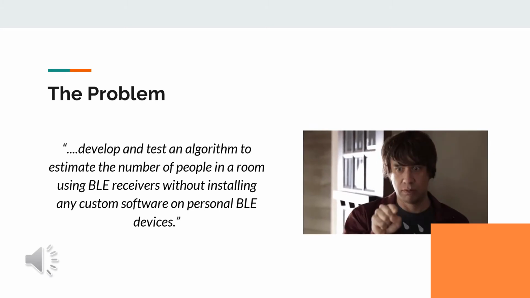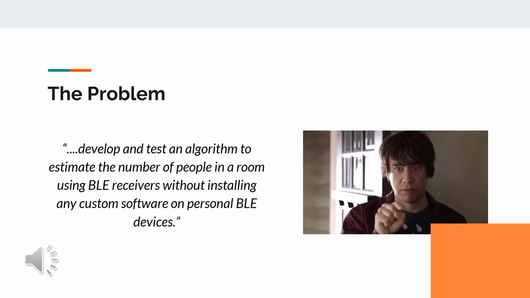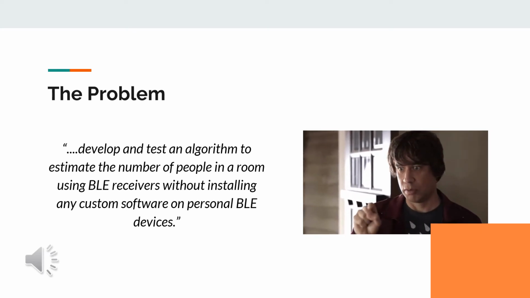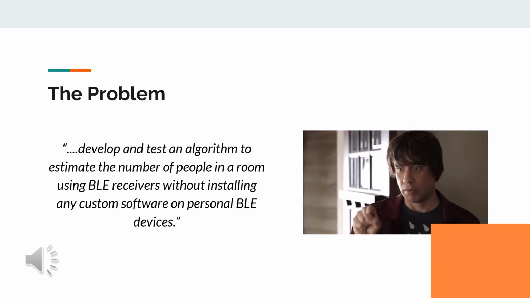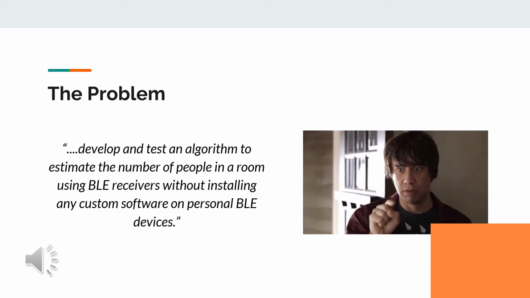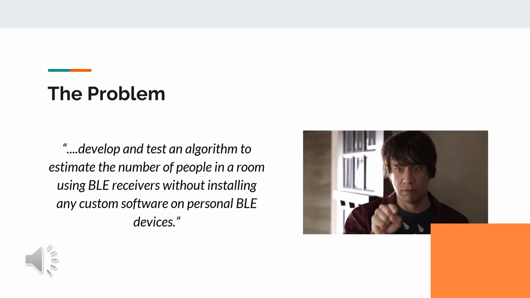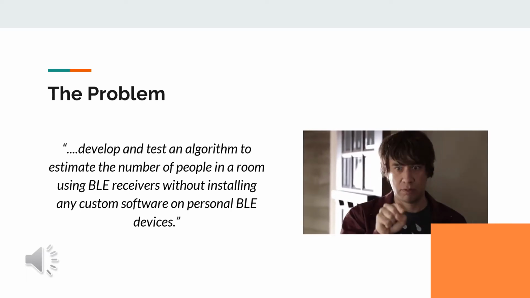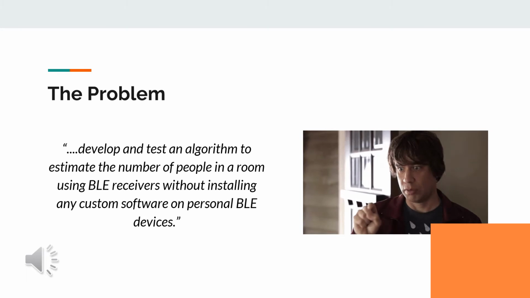If we break down the statement, we will develop an algorithm that will be able to count however many people are in a room using certain technologies that include Bluetooth Low Energy receivers, without having individual persons install any type of custom software on their phone to be able to be detected. This is what we mean by passive location detection.